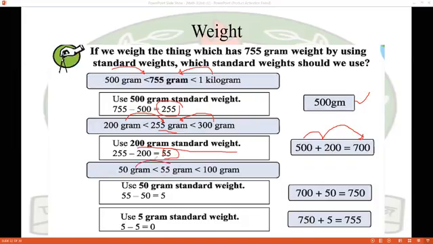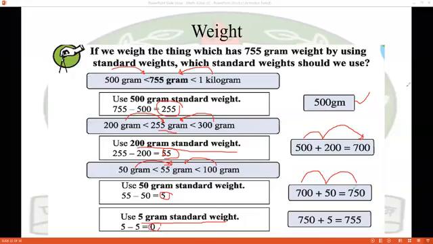55 gram is more than 50 grams and less than 100 grams. So at that time we have to use the 50 gram standard weight. When we use the 50 gram standard weight, 5 gram remains. So previously there was 700 gram standard, plus 50 gram standard, so total 750 gram. At last we use the 5 gram standard weight, so the remaining weight is 0. We add 5 gram with 750, so it will be 755 gram.